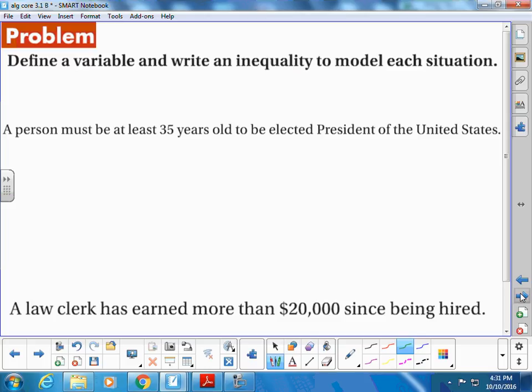So if we wanted to break that down to just a math statement, let P be the person's age.